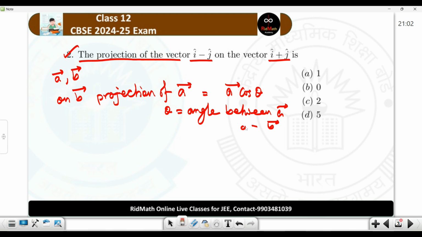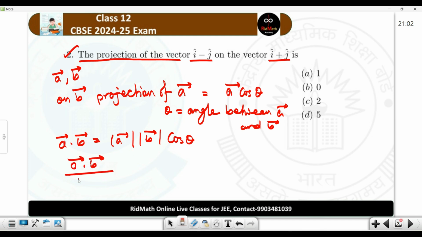And we also know that a dot b is equal to mod a vector mod b vector into cos theta. So what is mod a cos theta? That means a dot b divided by mod of b vector. This is equal to mod a vector cos theta. Okay, so this is the projection.